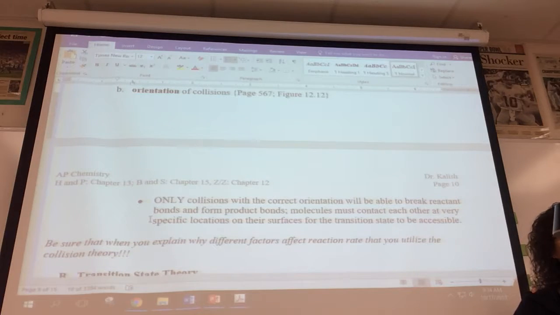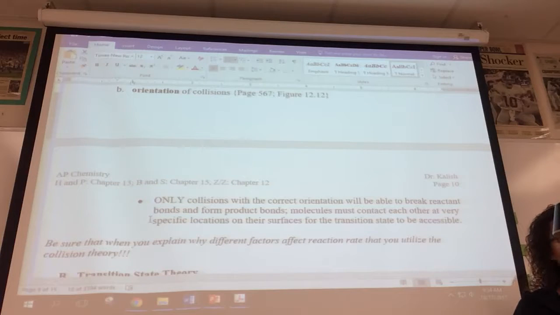Anything that increases the likelihood of an effective collision will increase reaction rate. Same thing with concentration. As you introduce more and more reactant, the likelihood of an effective collision increases. Any factor that increases the likelihood of an effective collision will increase reaction rate.